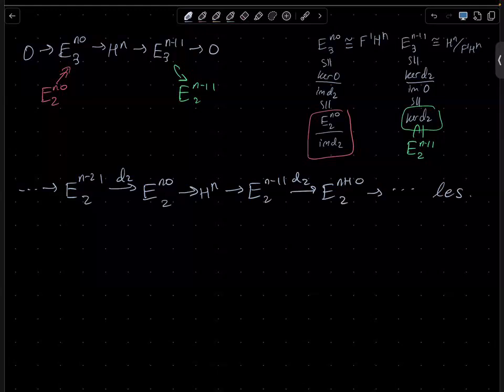Why is that? You can just check immediately. The exactness here in the short exact sequence automatically gives me exactness here. So that's good. So exact here, good. That's due to exactness here.